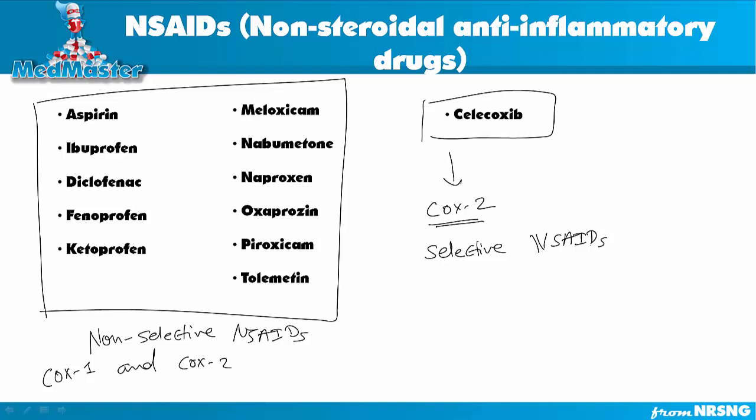There was a high risk of heart failure, and so forth. So most companies took those drugs out of the market. There's only one selective NSAID in the market right now, which is celecoxib. So that's the only difference between non-selective and selective.